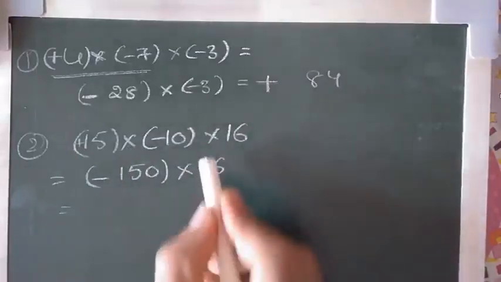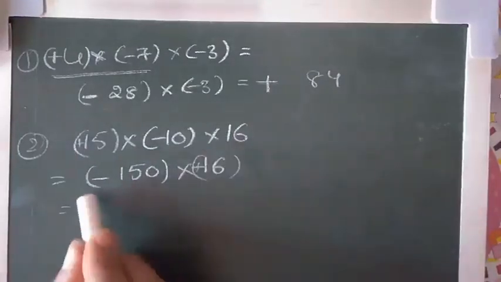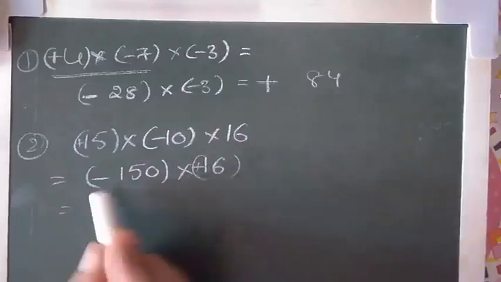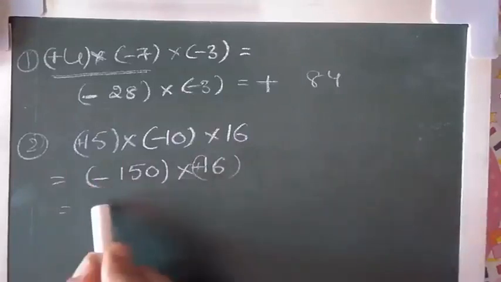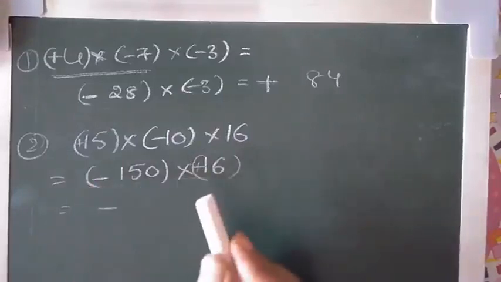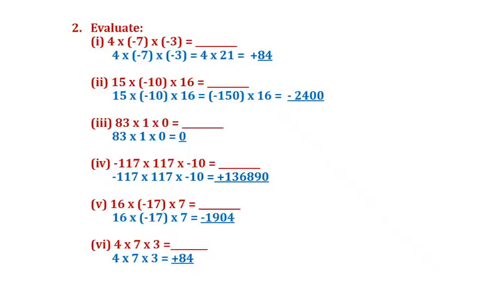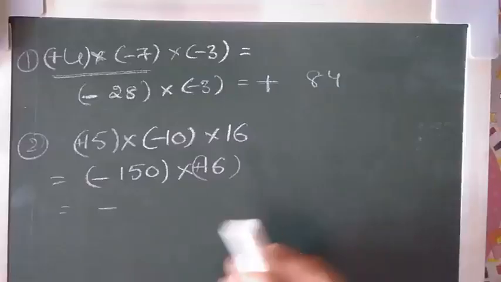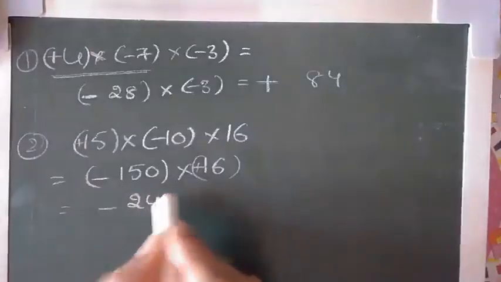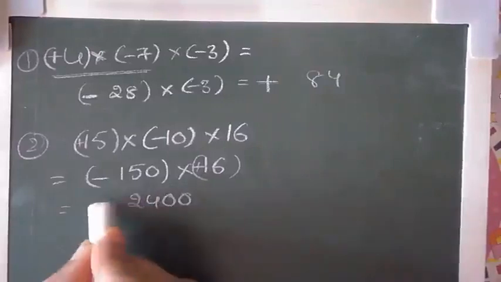So by multiplying this, this is minus 150, this is plus 16. So first multiply the signs. Minus into plus, minus. 150 into plus 16, which is equal to minus 2400. Minus 2400.